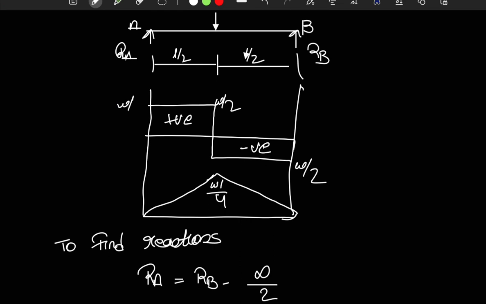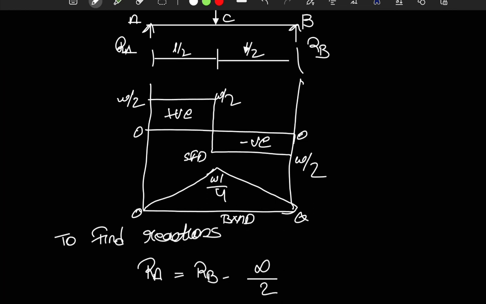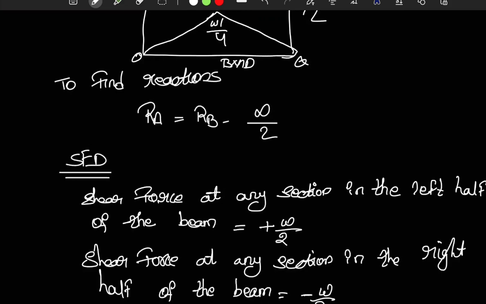Both ends are 0. It is C. This is the shear force diagram SFD, and this is the BMD.